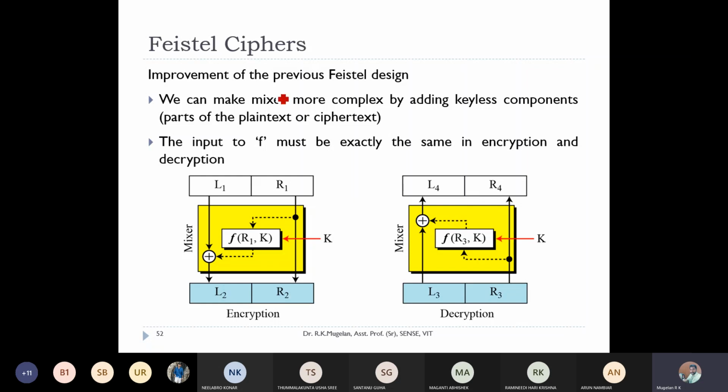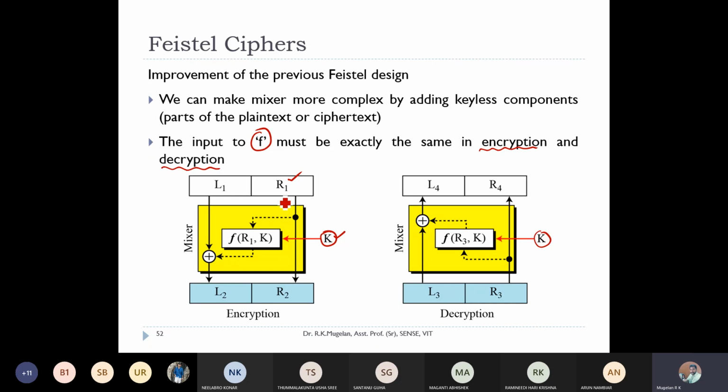The input for the function f is going to come from one half of the plain text and the key, and at the receiver end also it's going to get two inputs. So how is it going to work? Here they are saying that they're using the same value of k, and the function f must have the same input in both encryption as well as decryption. Then only the function f will produce the same output here.